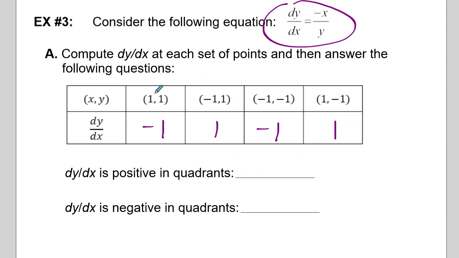All right, so this point is in quadrant 1. This point is in quadrant 2. This is quadrant 3 and quadrant 4.